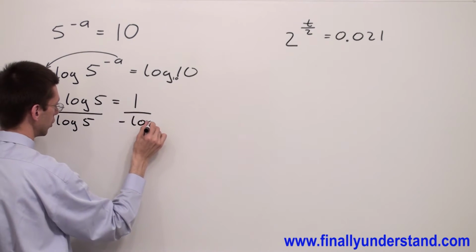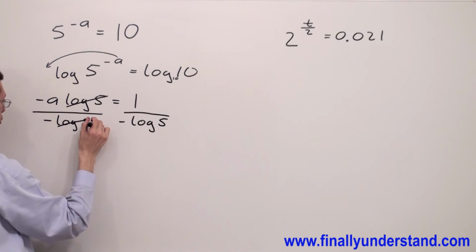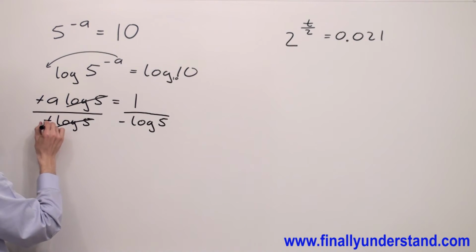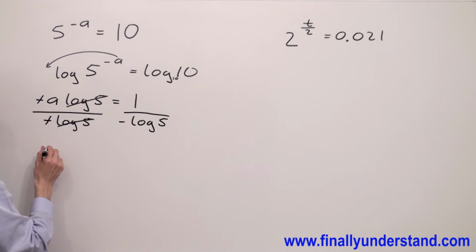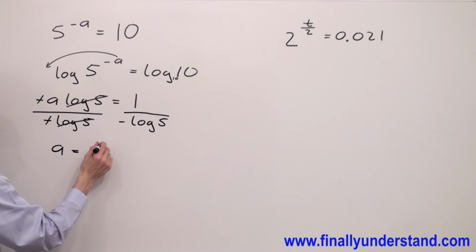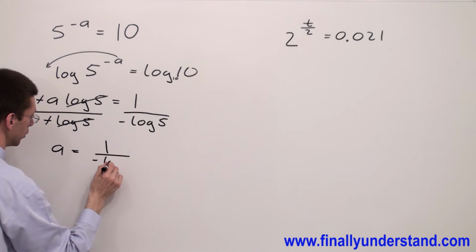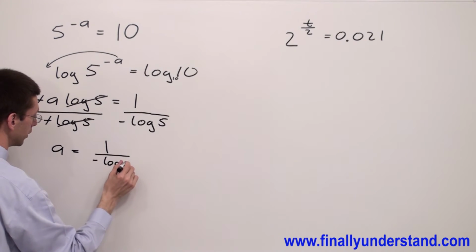Negative log 5. Log 5 and log 5 will cancel out. Negative and negative will cancel out. And I have a equals 1 over negative log 5.